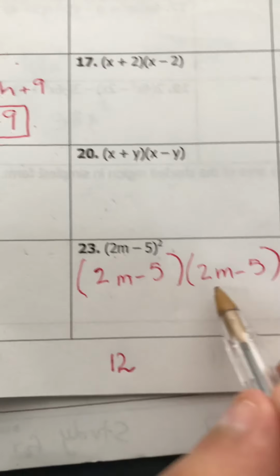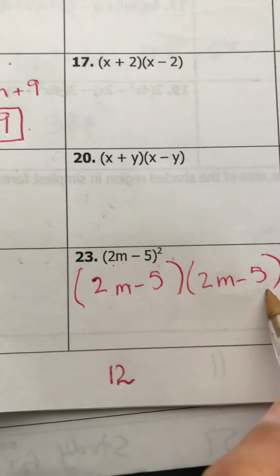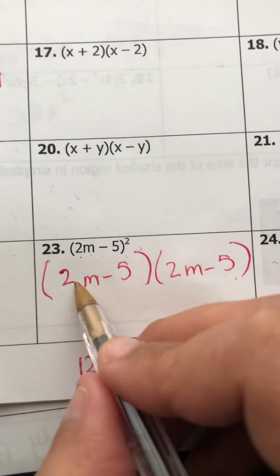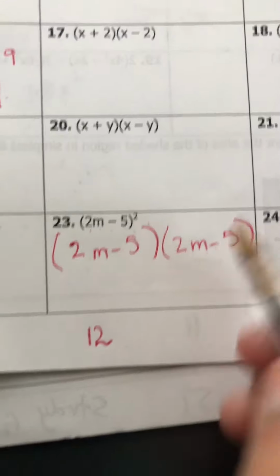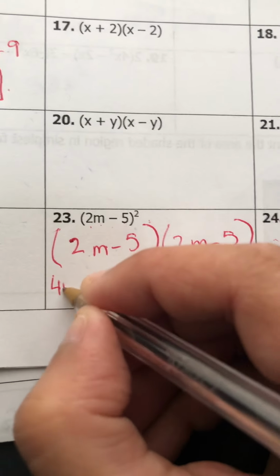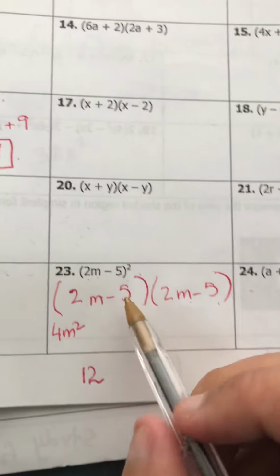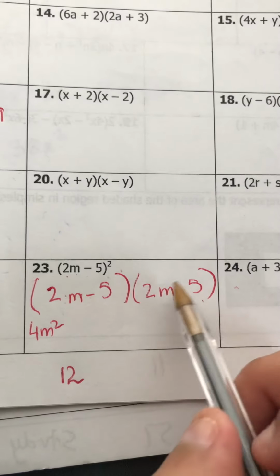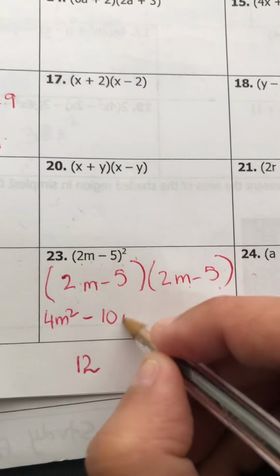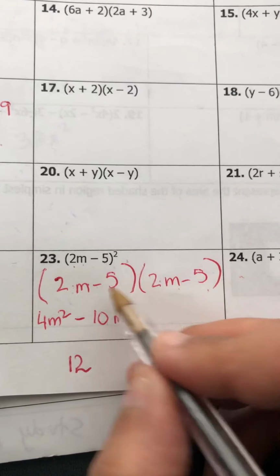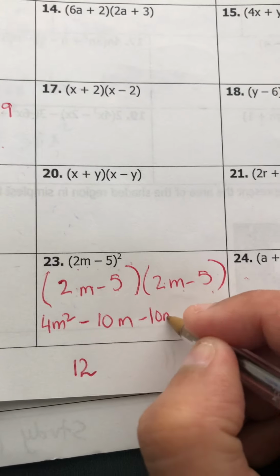Now it's a binomial times a binomial. I'm going to multiply the first terms of both binomials: 2m times 2m gives me 4m squared. Outer, 2m times negative 5 gives me negative 10m. Inner gives negative 10m.